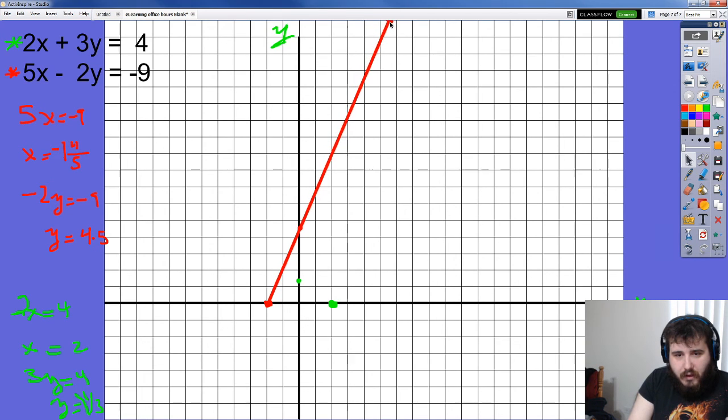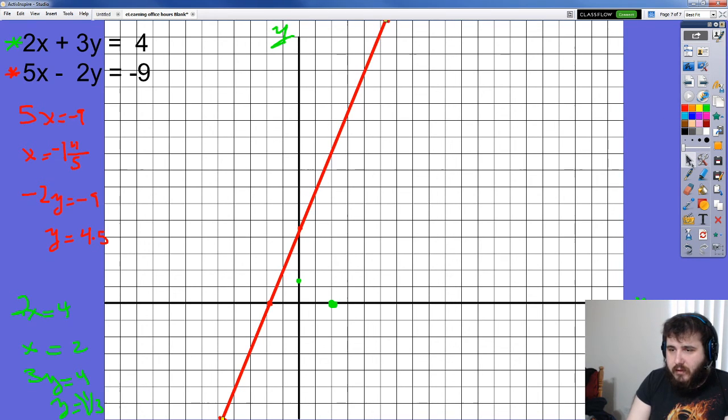I even have a set of straight edges in my classroom so that they can do that much more easily. But here, luckily, I can keep my lines straight without too much trouble. And you're already seeing that it's going through the point that we showed before, -1, 2.